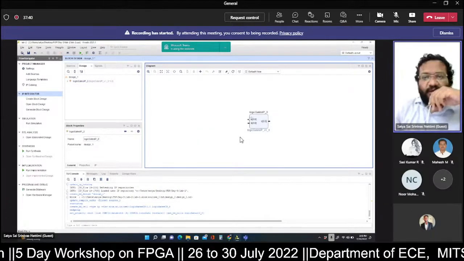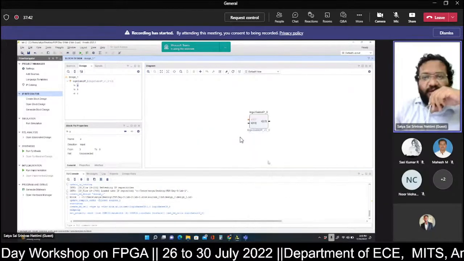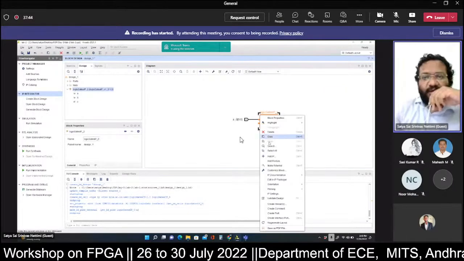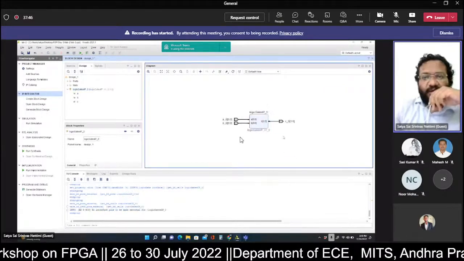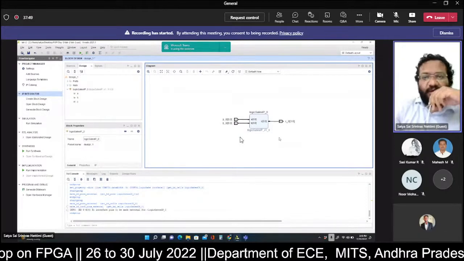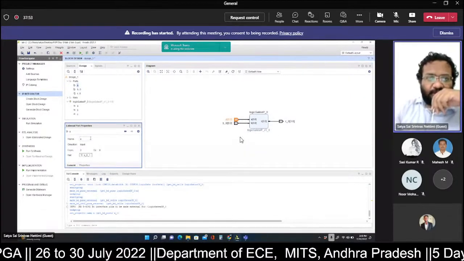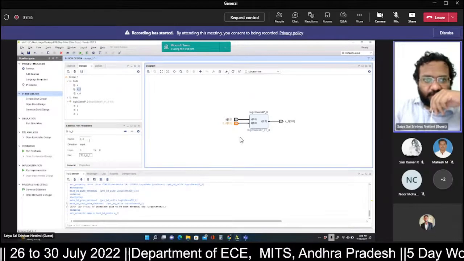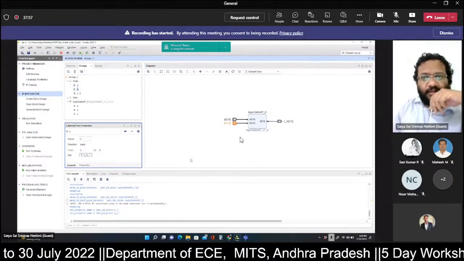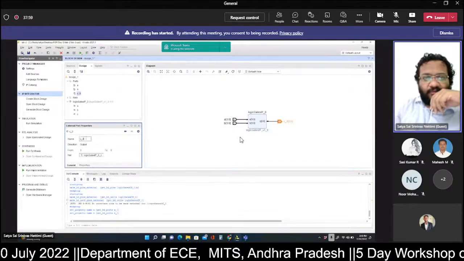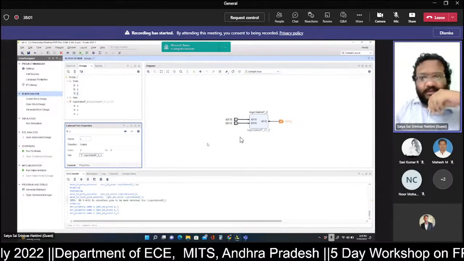Now you can make this as external. All the inputs and outputs, you can just name for your reference purpose.